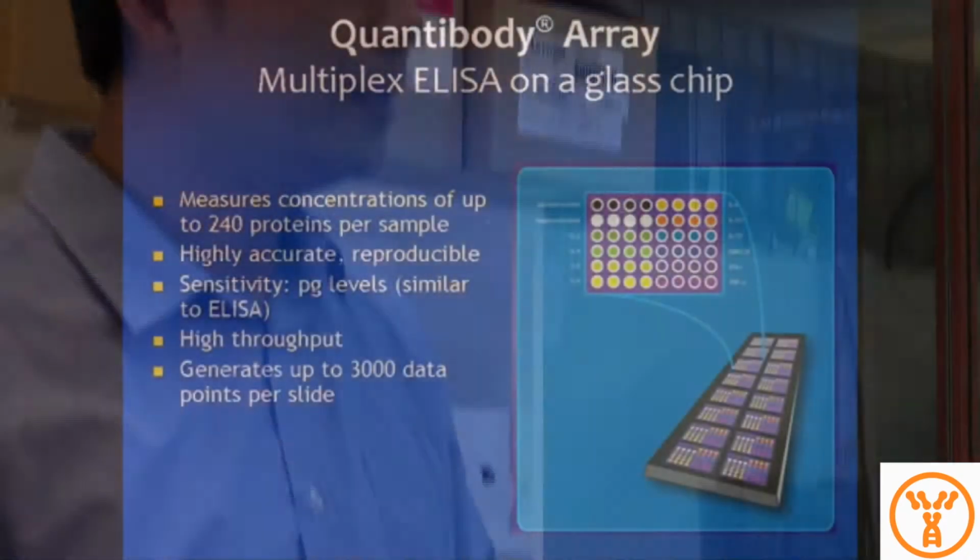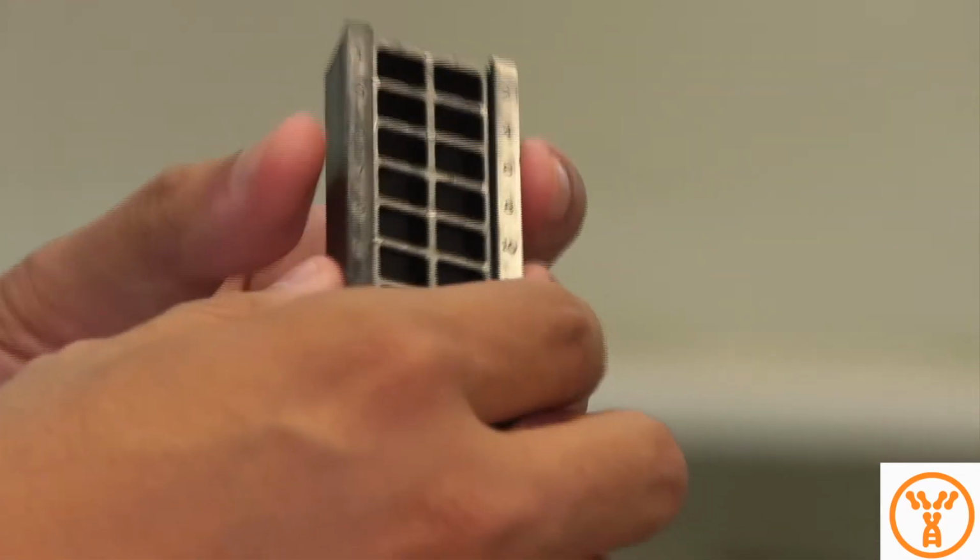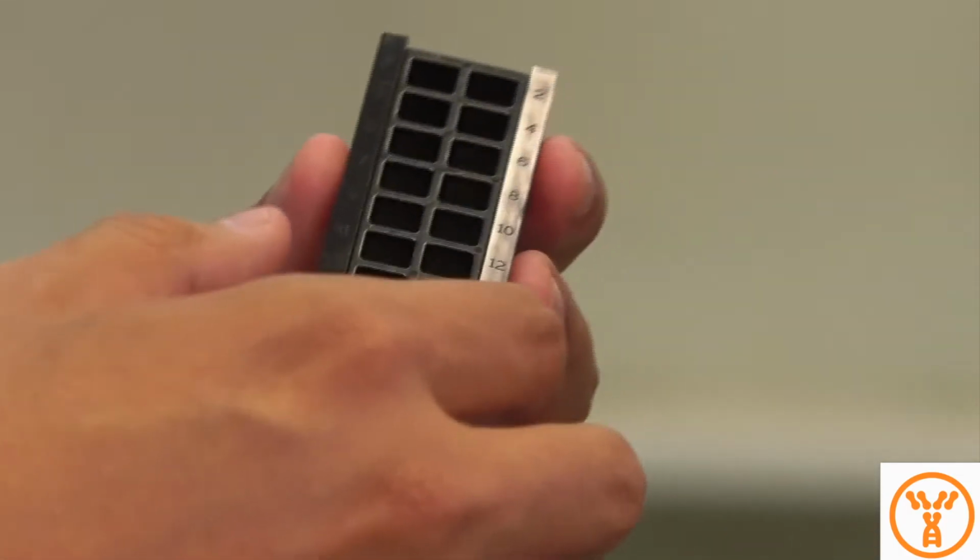In the second type, which we call slide-based, microscopic droplets of antibodies specific for the cytokines of your interest are spotted onto the slide, creating the array. The array is incubated with the sample of your interest.